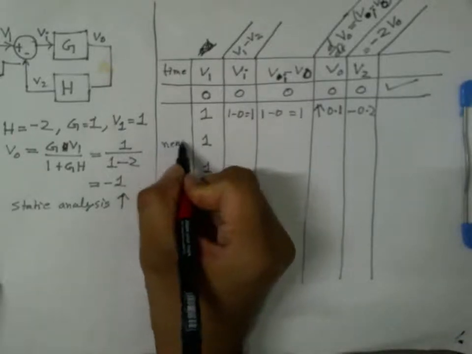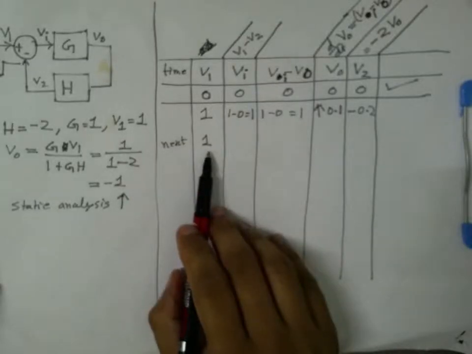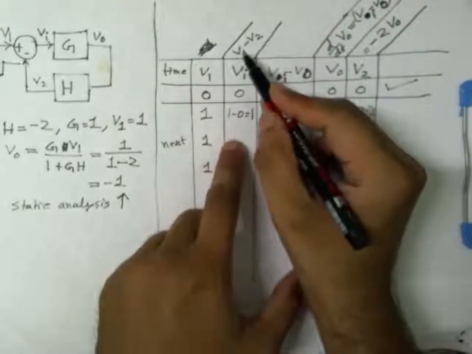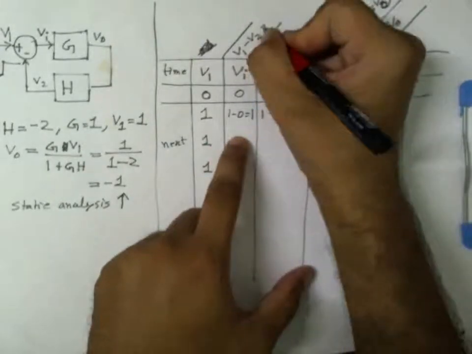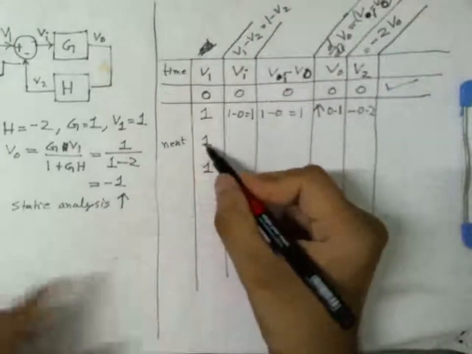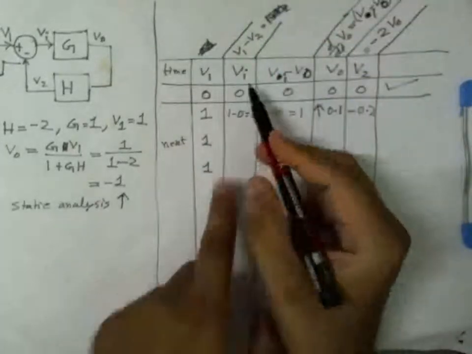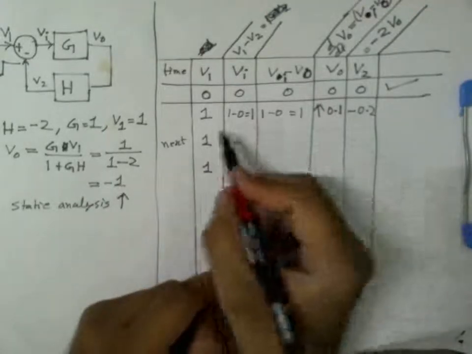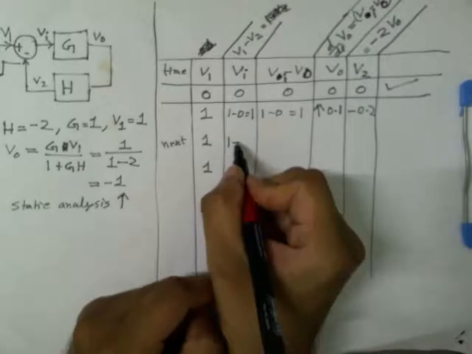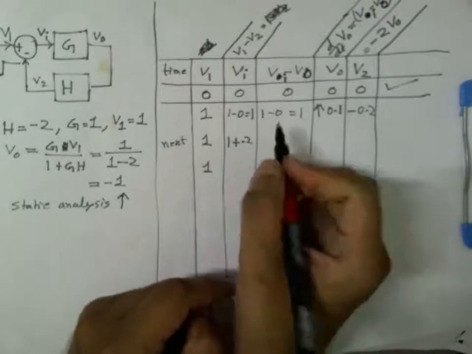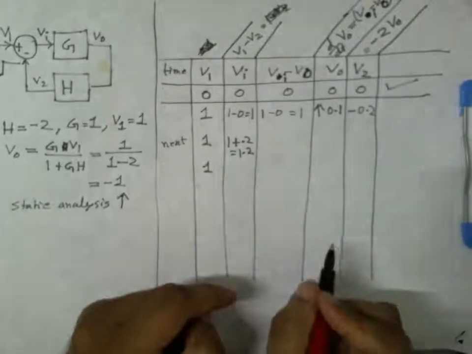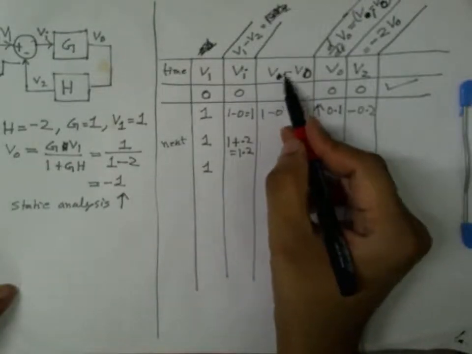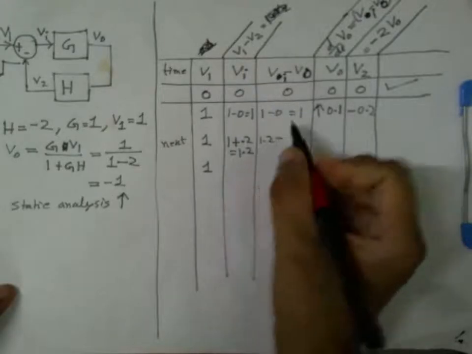Now let's come to the next step. V1 stays at 1. Now Vi is 1 minus V2. V2 is now minus 0.2, so plus 0.2, this is 1.2. Now here we'll have Vi, which is 1.2, minus VO.